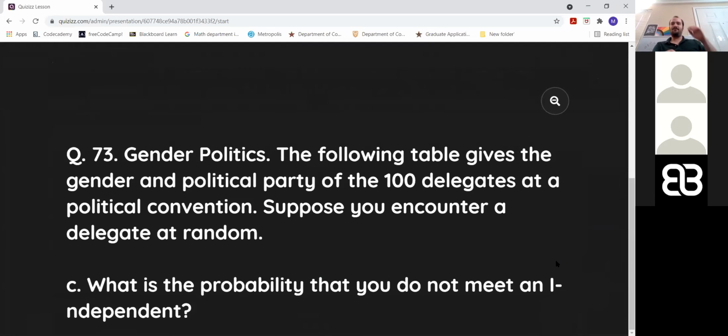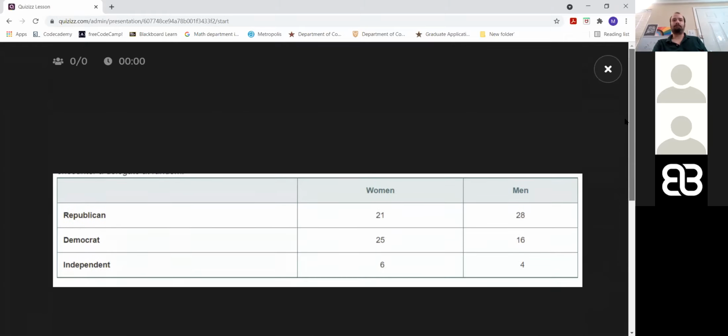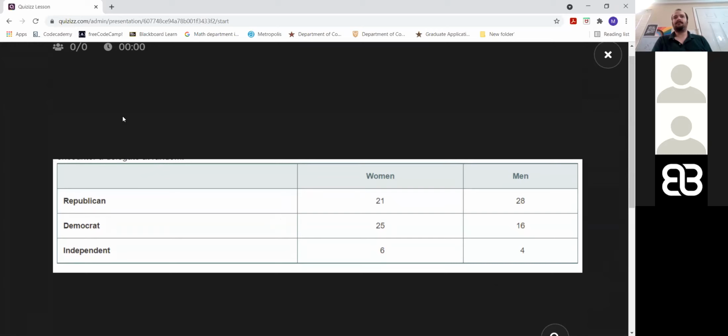What is the probability you do not meet an independent? There are a few ways to do this. So I think this brings about some good points. Oh man, I didn't put my 0 in front. I may not count that right.